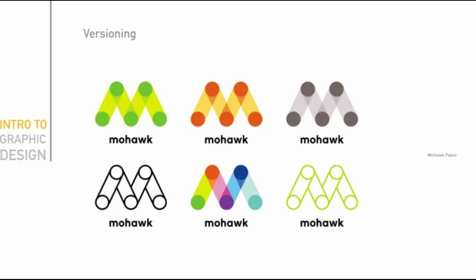By the way, with corporate identity design and brand design, brand identities, versioning is not only on trend, it's been on trend for a long time, but when you design a logo, you design a variety of versions or options that can be used in various ways for various things. So Mohawk is a connect the dots logo, and we can see different options for it, but they are all related.